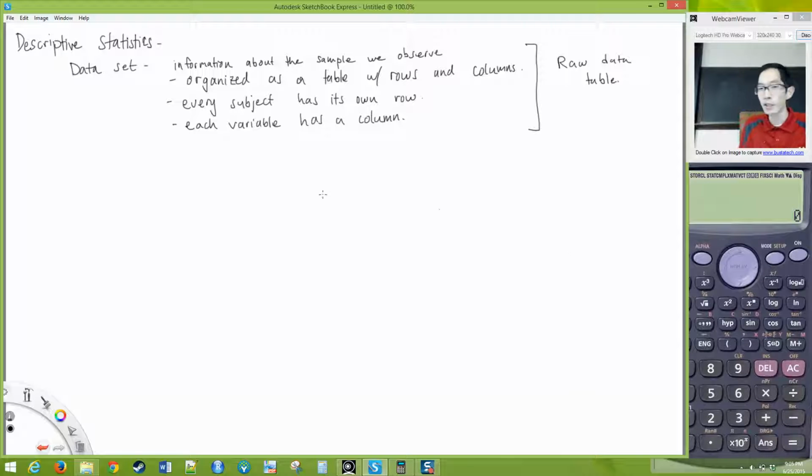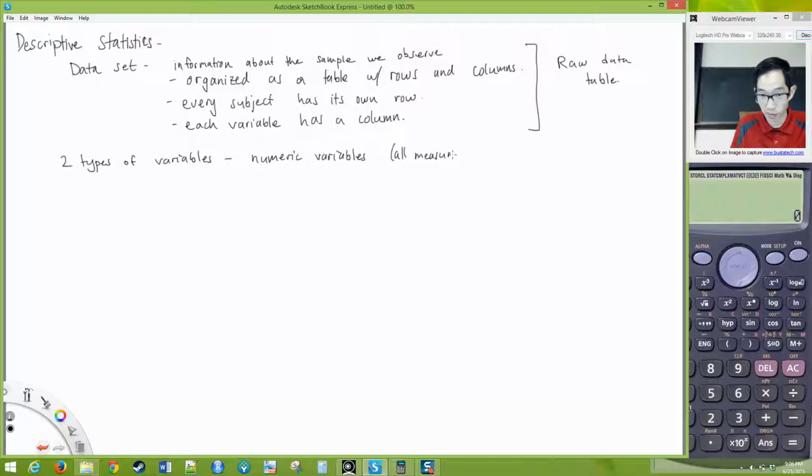And we have 2 types of variables. We have numeric variables, which all measurements are numeric variables.